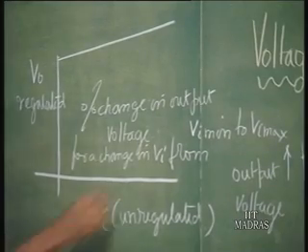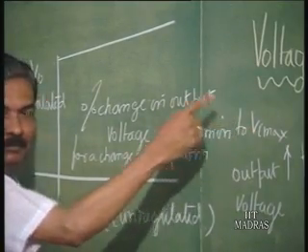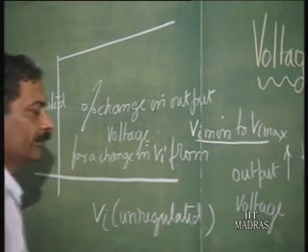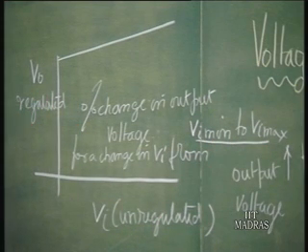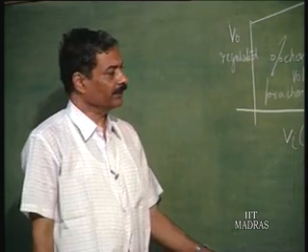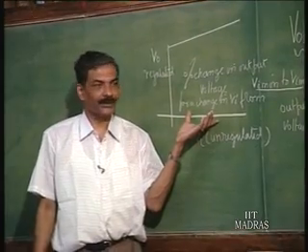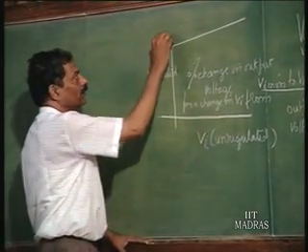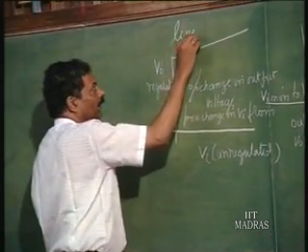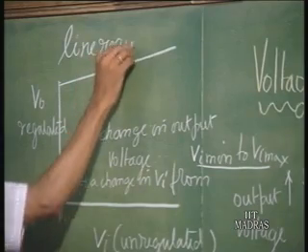There is a limit, both minimum and maximum, within which the voltage regulator is supposed to act as a proper regulator. So, for this kind of change, what is the percentage change in voltage? That is called line regulation.